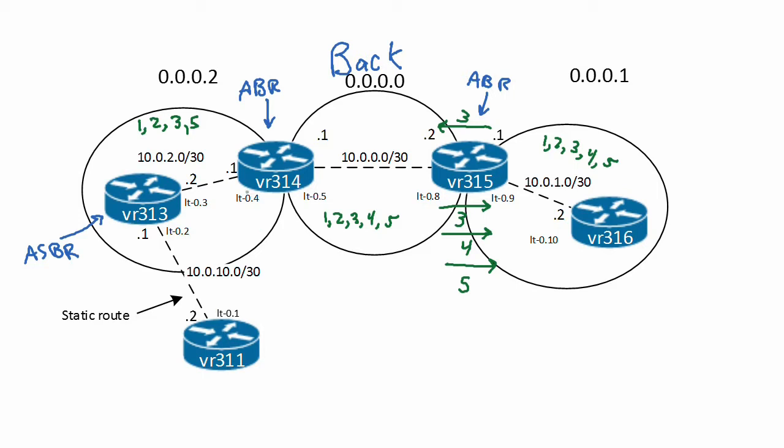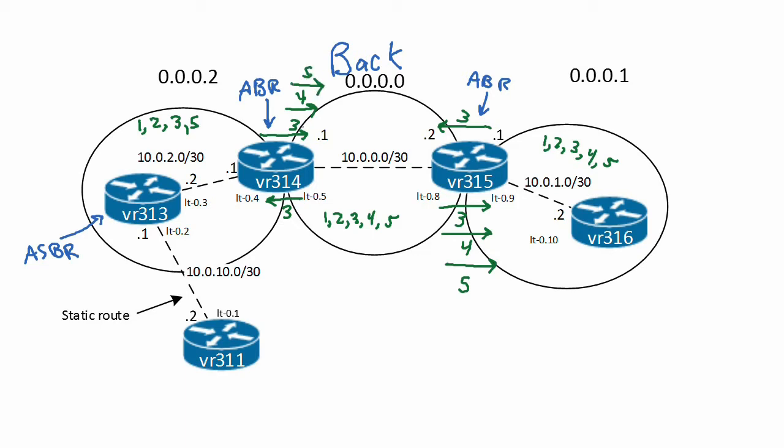That's what we should be seeing here. We'll verify that in the configuration. And then coming across here, again, we'll see some 3s going across here. Since we don't have any ASBRs in either of these, we won't see any 4s or 5s. And coming across here, we're going to see 3, 4, because we have the ASBR, and 5. So that's what we'll see before we do any configuration.